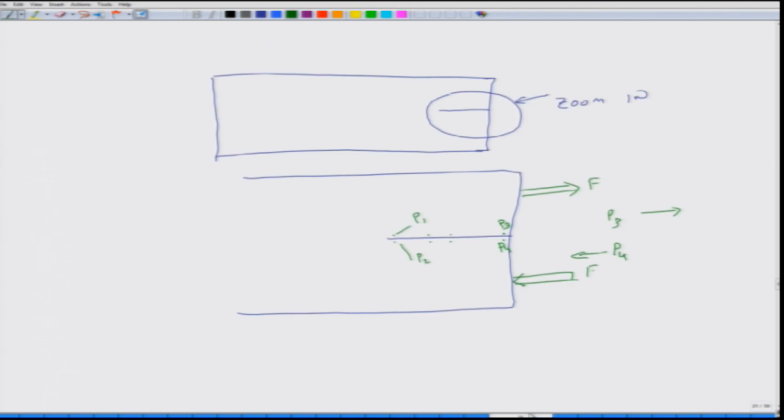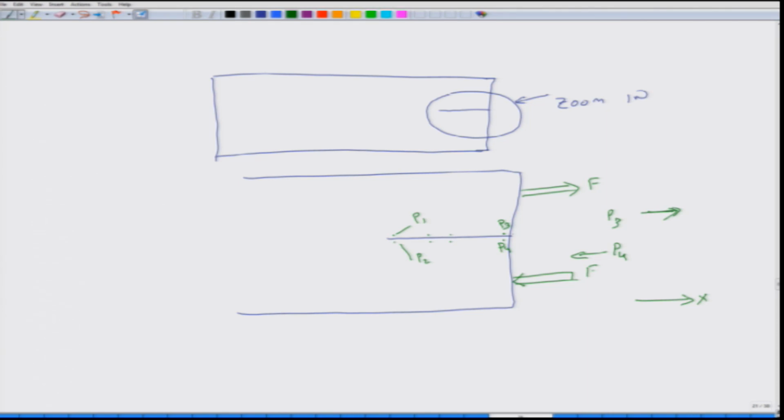In this case, P3 and P4, even though they are physically located at the same point, P3 is most likely going to move in the positive x direction if this is my x direction, and point P4 is going to move in the negative x direction, and their velocities will be different.